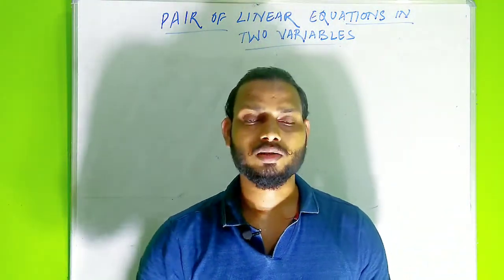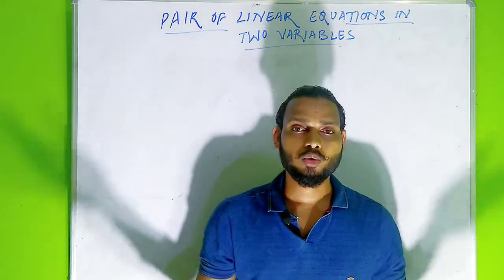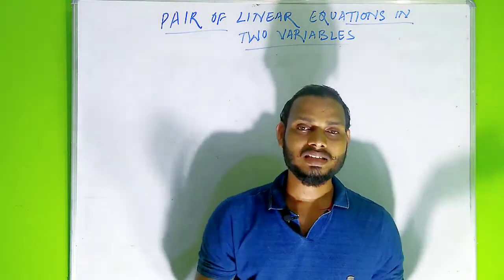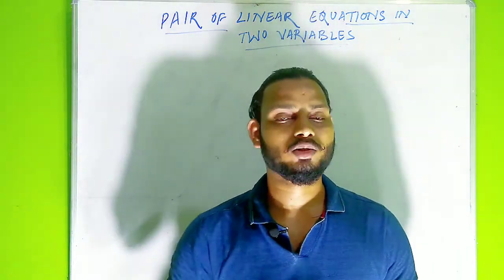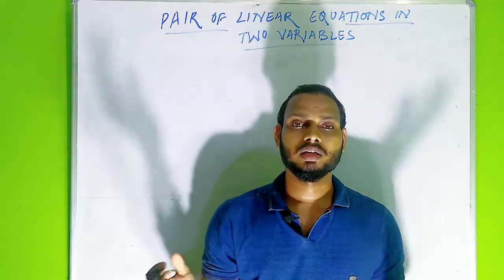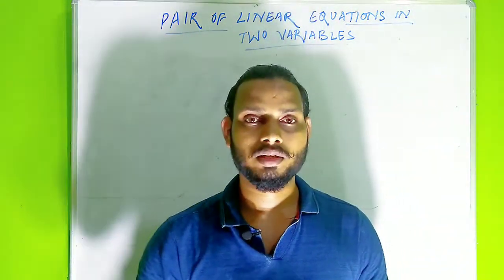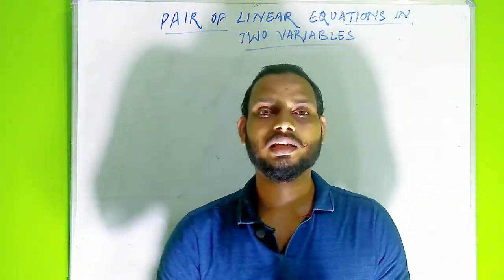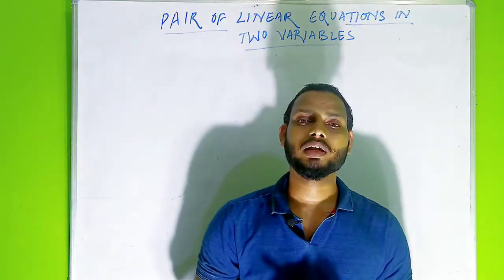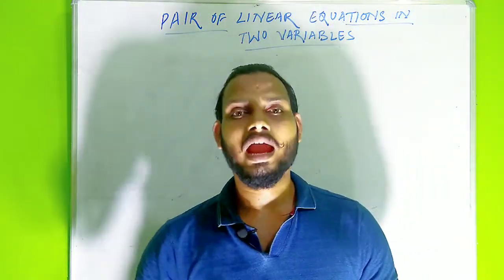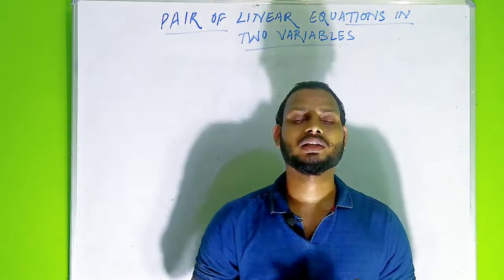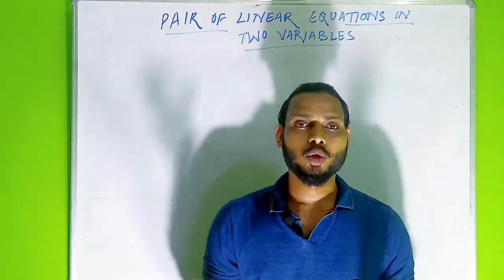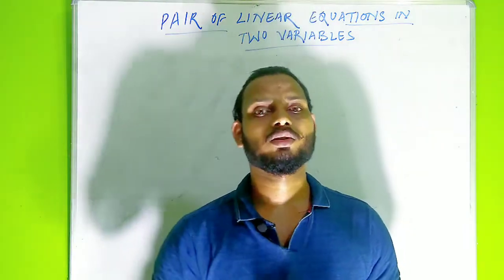So today in this class we will be discussing how to solve a pair of linear equations in two variables. In last classes or in lower classes you have already come across the linear equations in two variables. So basically what are linear equations? In today's class I will be giving you the formal definition of a linear equation, and we will see how this linear equation looks, and we will also see geometrically how it looks.